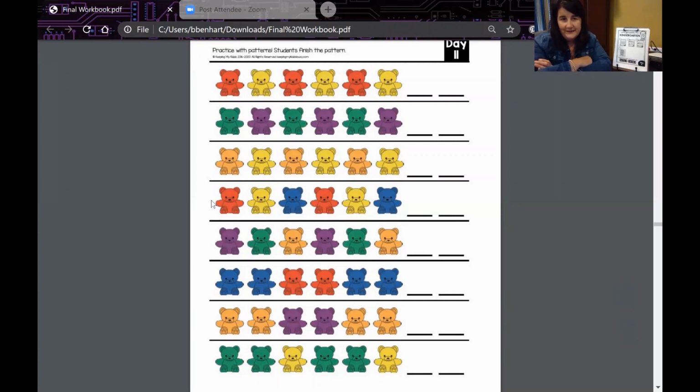Now this one's a little bit different. This time we have 3 colors. We have red, yellow, and blue. So let's look at this row together. Red, yellow, blue. Red, yellow, blue.